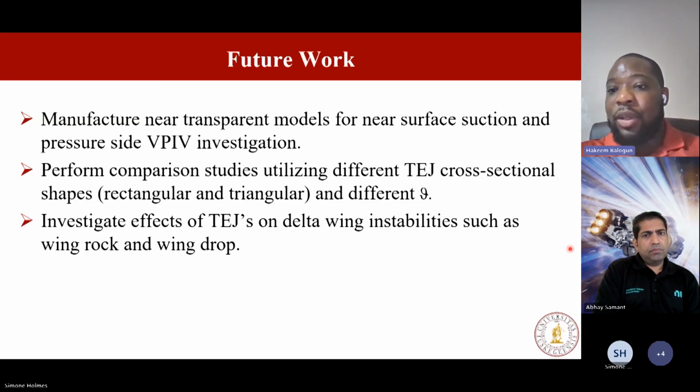So maybe 30 degrees, 40 degrees, where I'll angle the jets up relatively higher and higher. And I want to investigate the effects of trailing edge jets on delta wing instabilities, such as wing rocking and wing dropping. And that is it for my presentation.